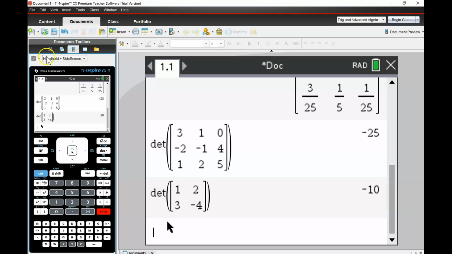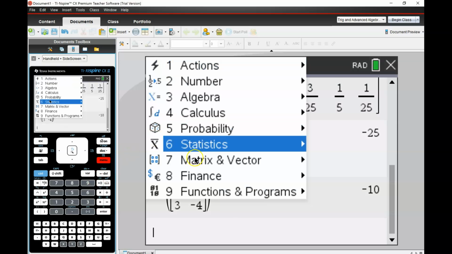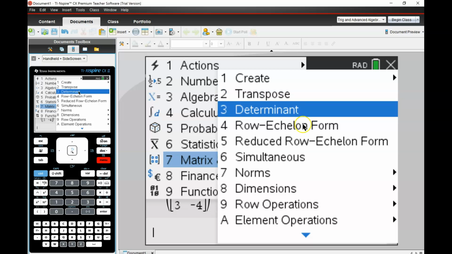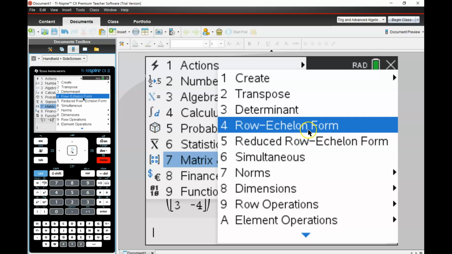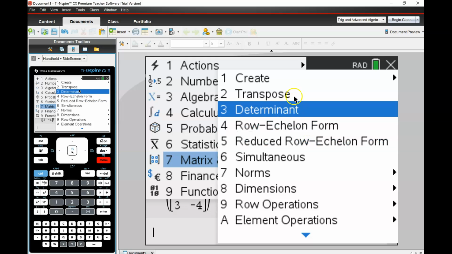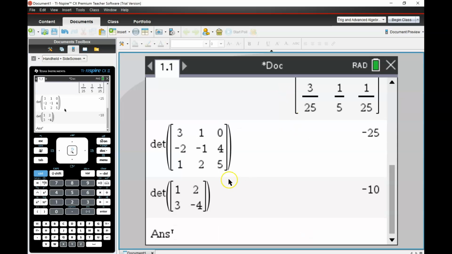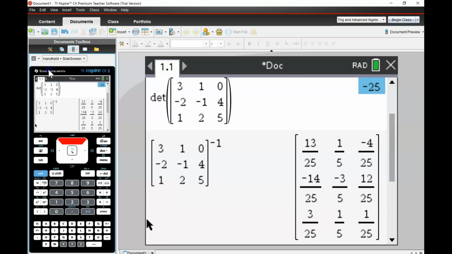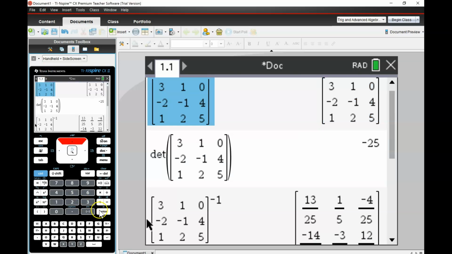And then you could experiment and see what some of these things are like. What's a transpose? I wonder what row echelon form does. Go and experiment. So the transpose of a matrix... Sorry, I have to get a matrix first. There are lots of math jokes with the transpose of a matrix.